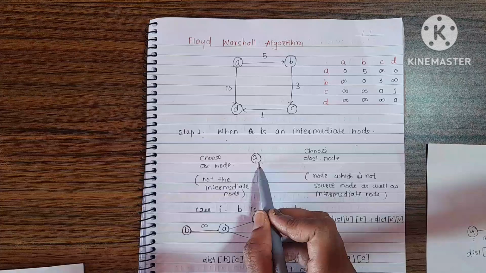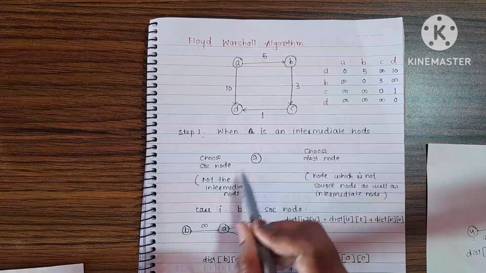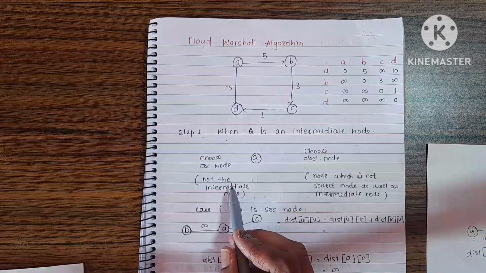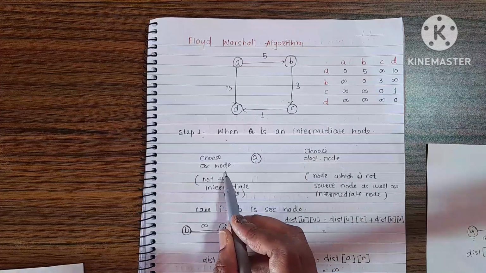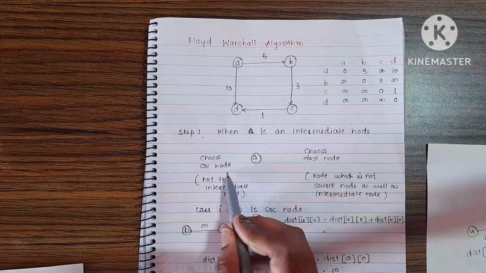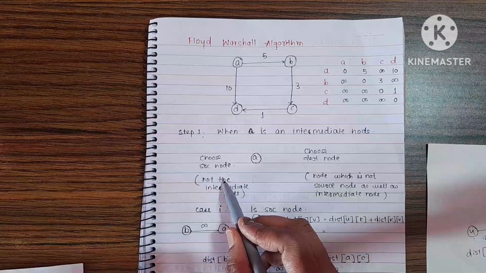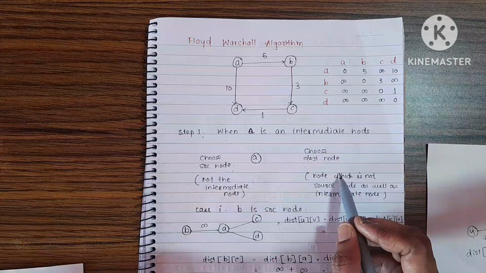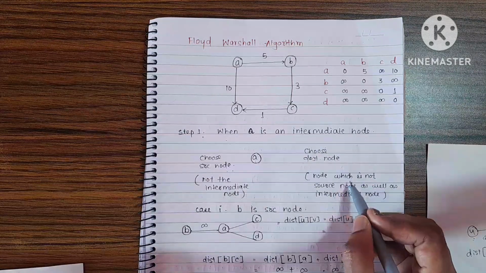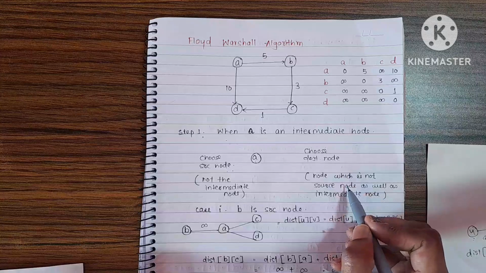When choosing A as an intermediate node, we have 3 choices for the source node. B, C or D could be chosen as the source node, and from the remaining nodes, the destination nodes could be chosen.